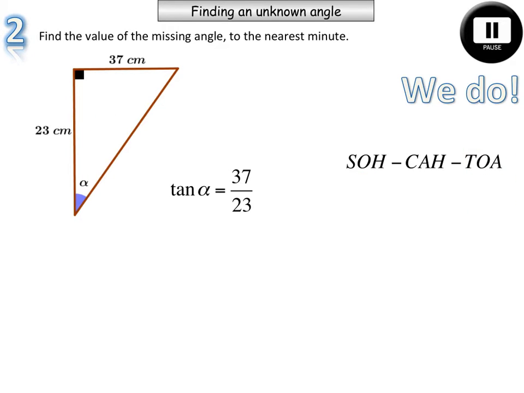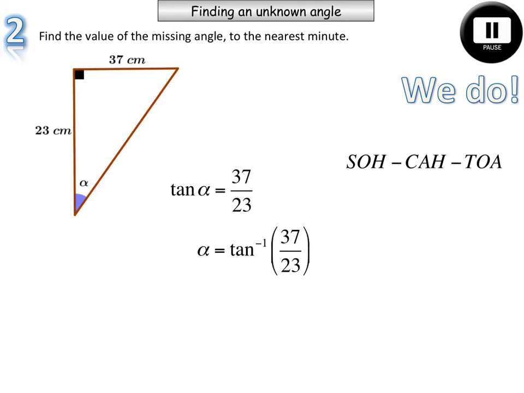So tan of our angle is equal to, here's our opposite, and here is our adjacent side. Be very careful you don't do the 23 on top, because we're actually looking at the opposite side over the adjacent side. So alpha is going to be equal to the inverse tan of 37 over 23.